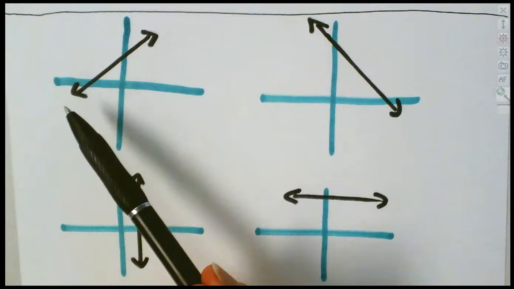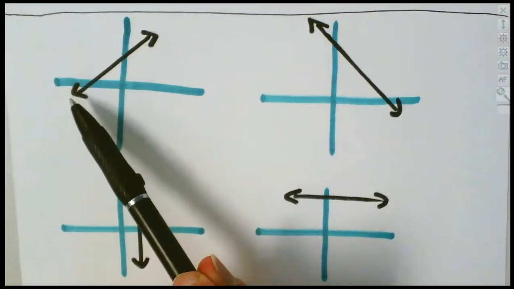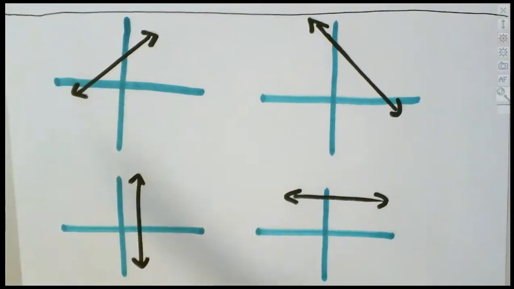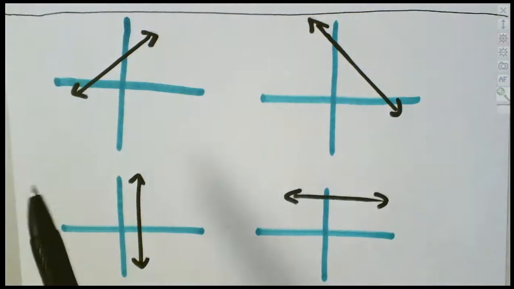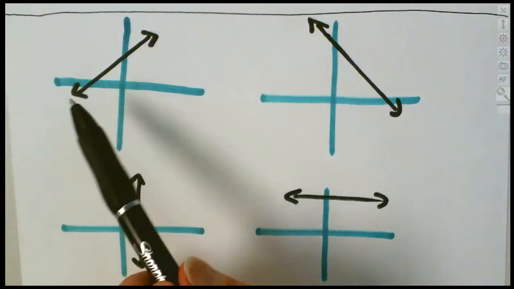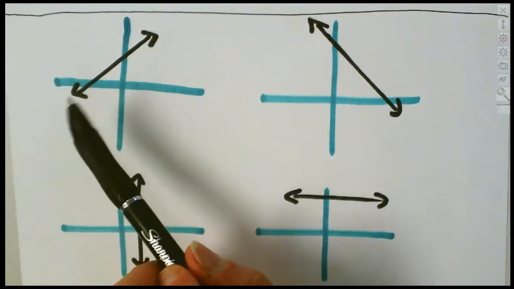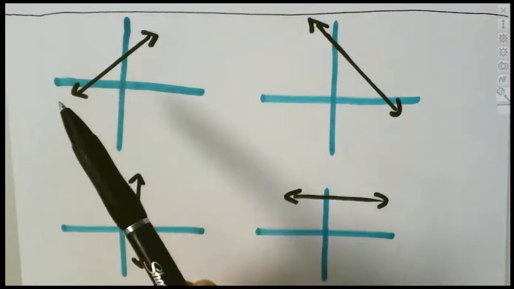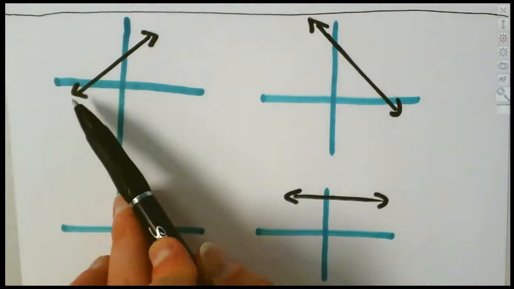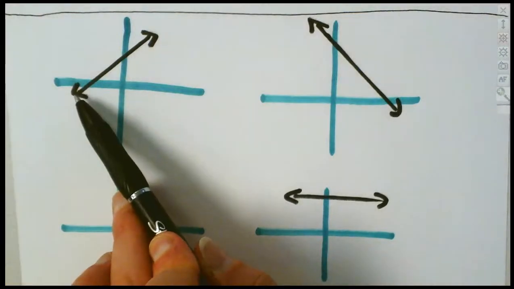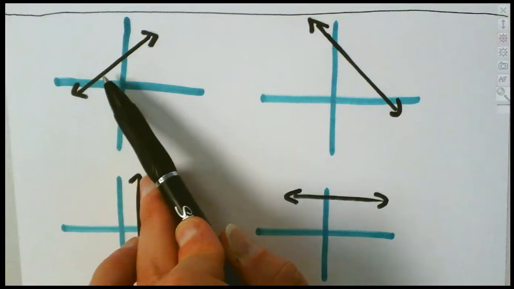So if I'm on this roller coaster and I look at this line here, working from left to right, or you can think about it as reading a graph of the stock market, or any type of graph you might see. What's happening as I look at this from left to right? We read graphs from left to right, just like we read text. It's going up.